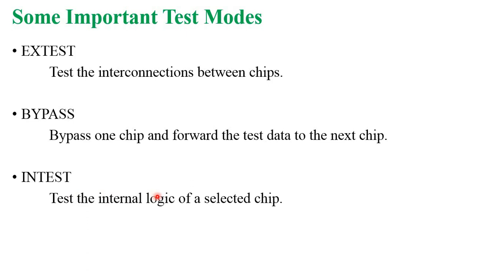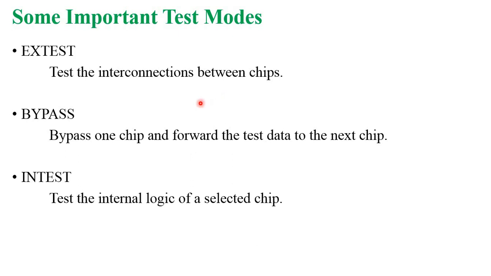So in the boundary scan test, a number of chips are present. Those chips are tested, that means verified, by using the test instructions. Those test instructions are decoded in the TAP controllers. Depending upon the instructions, the type of test is decided.